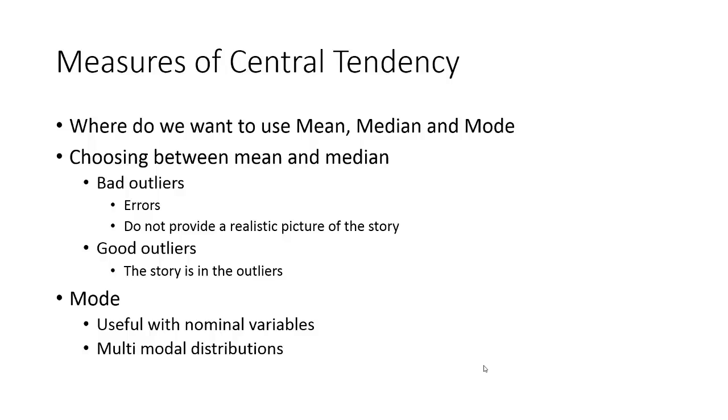When this comes about because of an error in the data, so the data set itself could have an error, then it's easy to say that's erroneous, right? That's a bad outlier. But sometimes the outlier is very much not an error, and it tells an important part of the story.